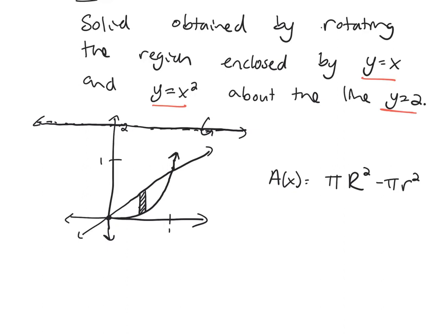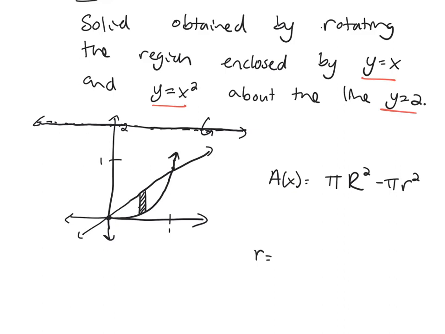So let's start with little r. Which one of these curves is closest to my rotation line, the line or the parabola? The line. So that's the one that's going to give me the little r that I want.